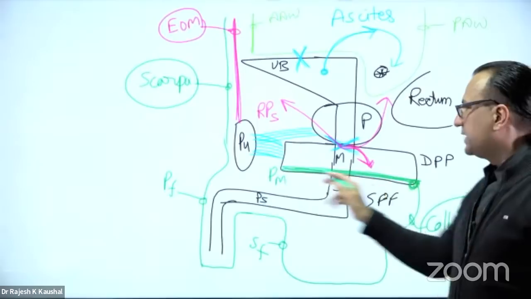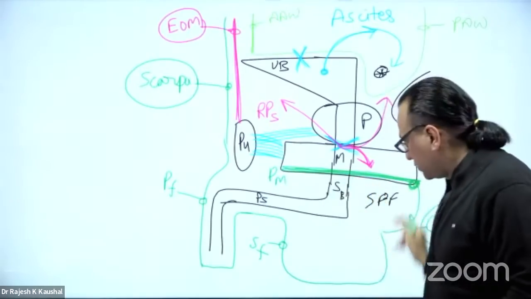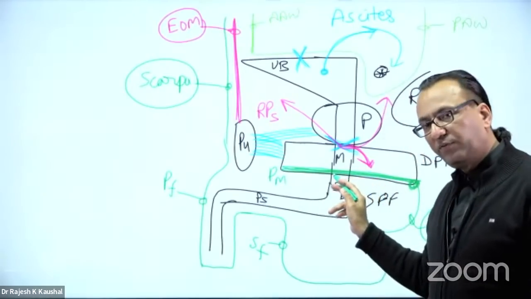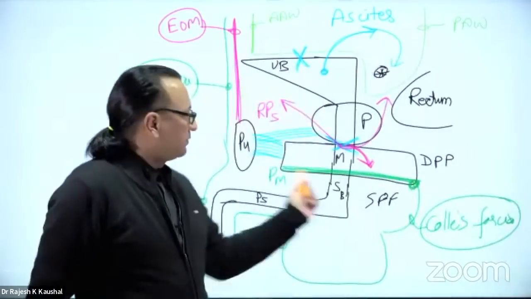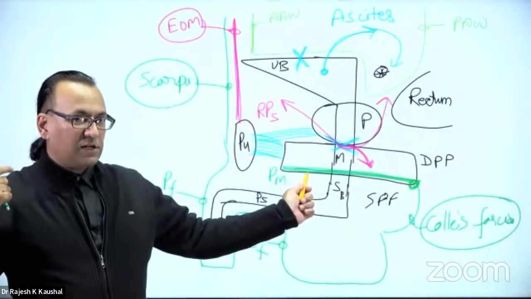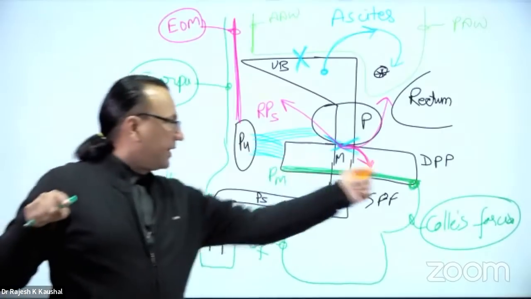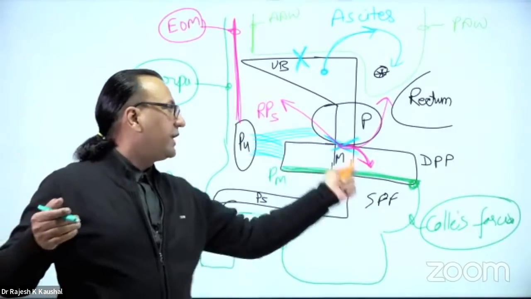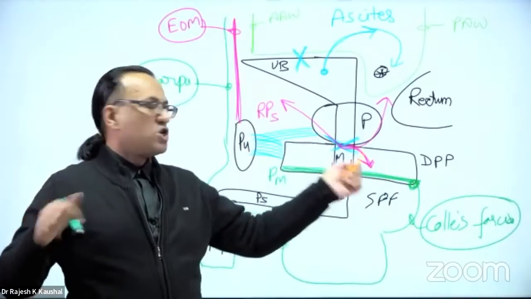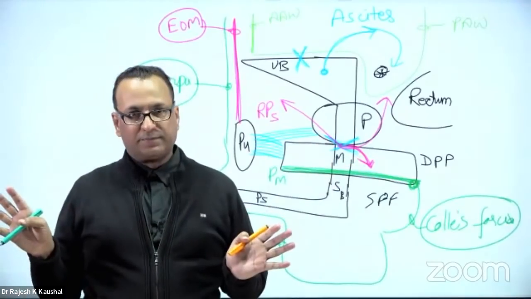The perineal membrane is the roof of the superficial perineal pouch and the floor of the deep perineal pouch. This perineal membrane is a boundary line between the deep and superficial perineal pouch.